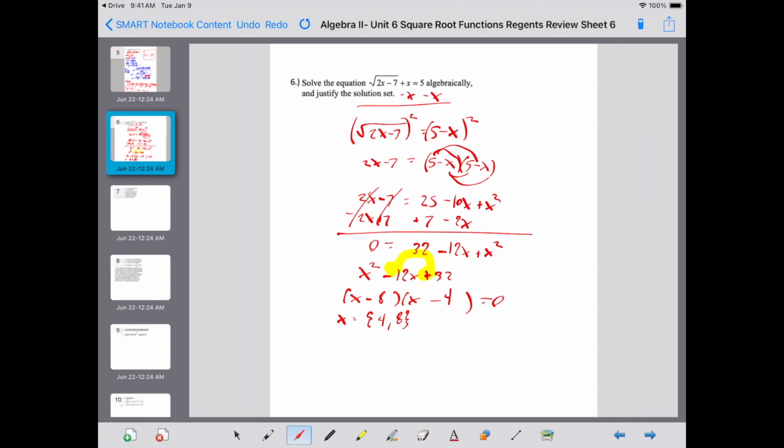So are we done? At this point, you should not be answering that wrong. We have to check for extraneous solutions. Plug into the original.